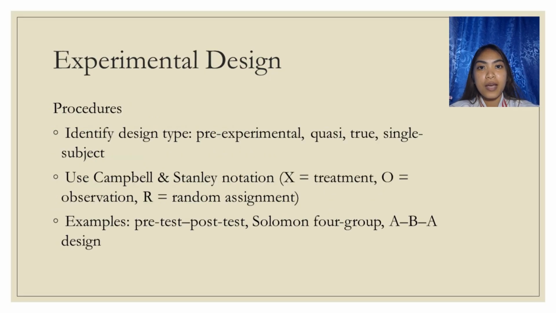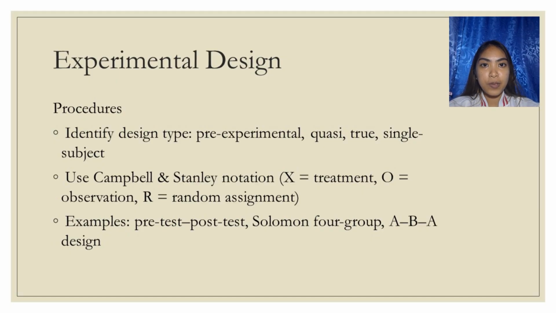Researchers identify the type of experimental design: pre-experimental, quasi-experimental, true experimental, or single-subject design, and illustrate the design using the Campbell and Stanley notation system. This notation includes symbols such as X for treatment, O for observation, R for random assignment, and horizontal lines to indicate non-equivalent groups.